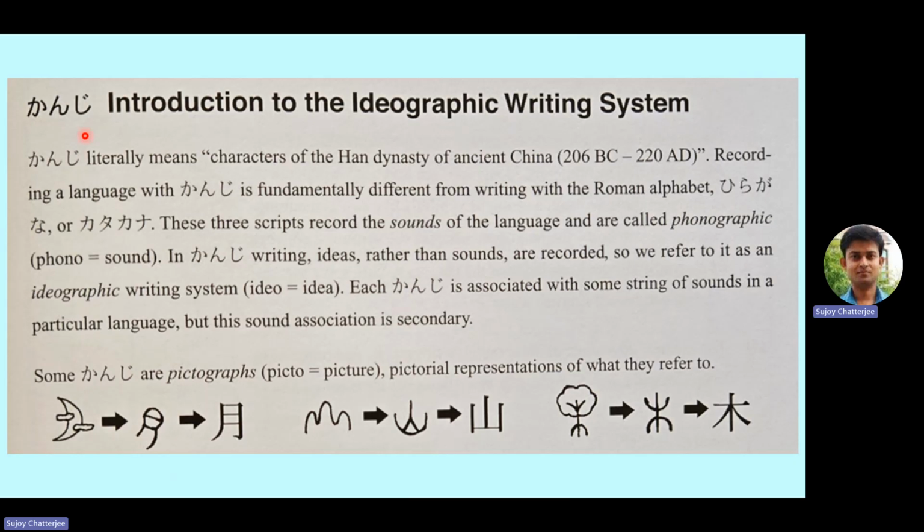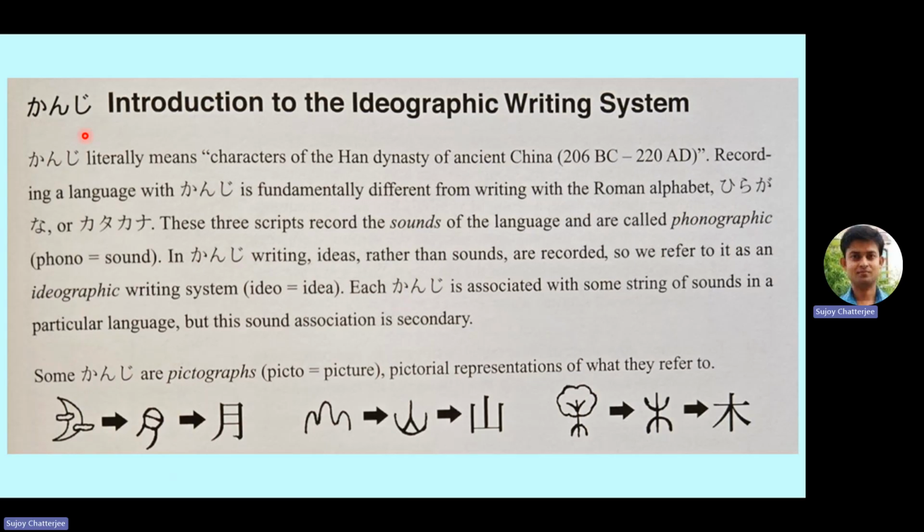What is primary? The meaning of that character, the meaning of that symbol is primary. Because it is ideographic, it gives an idea, it gives a message. So this is the difference between a phonographic character and an ideographic character. A phonographic character is pronounced according to a fixed and pre-decided sound, and kanji basically gives the meaning.